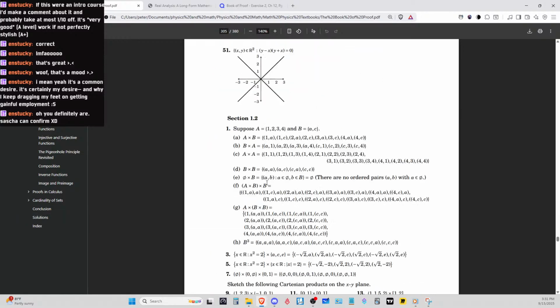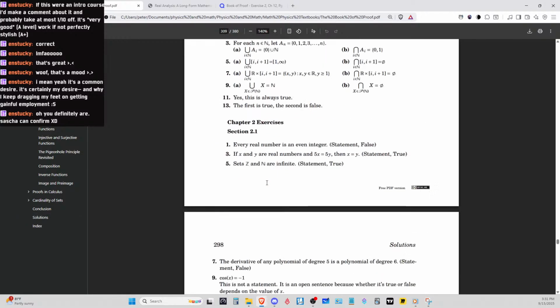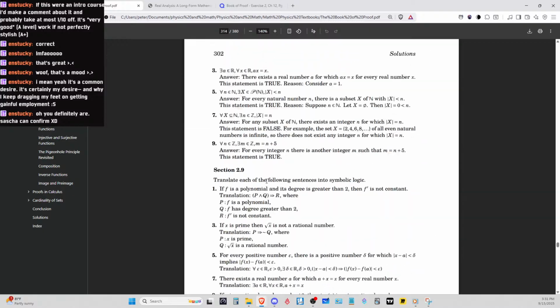So let's see solutions. This is number 3. So let's see how they wrote that one.